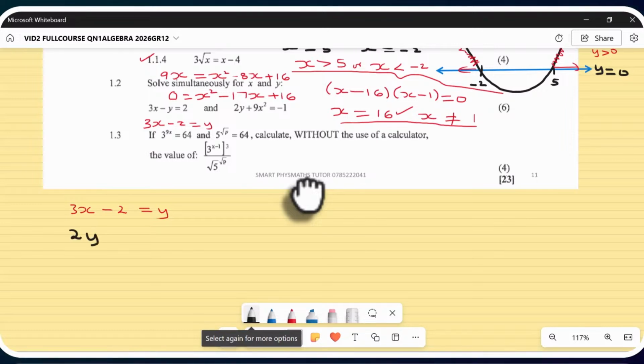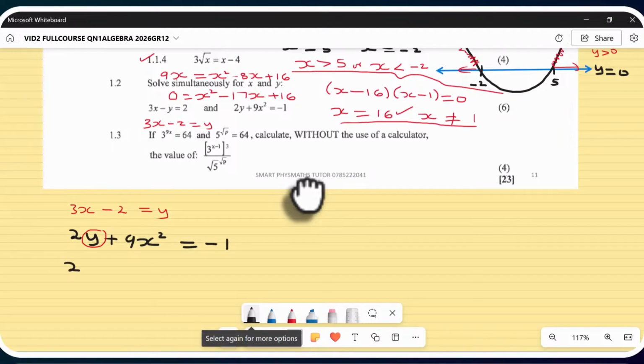So I'm going to say this is 2, but my y is 3x minus 2. I am substituting, guys, okay? So 3x minus 2, and then plus 9x squared equals negative 1.